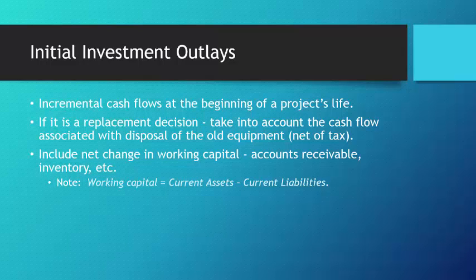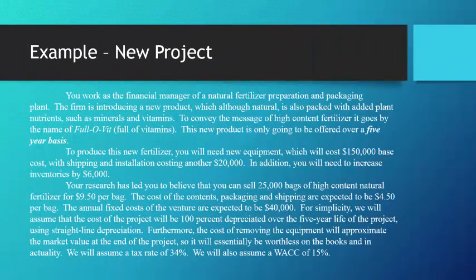So we're going to be looking at anything that happens at the beginning of the project, and we're going to be looking for working capital, current assets minus current liabilities. So, working our way through this, which ones of these are happening at time zero? What do we have to do at the very beginning to get this thing up and running?